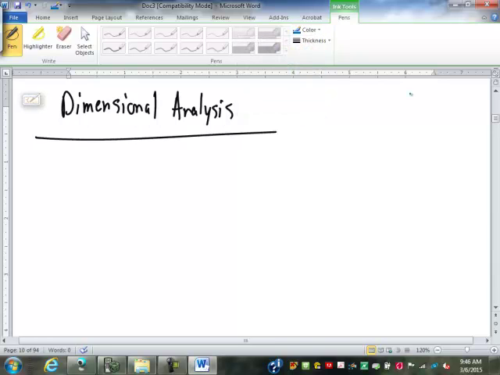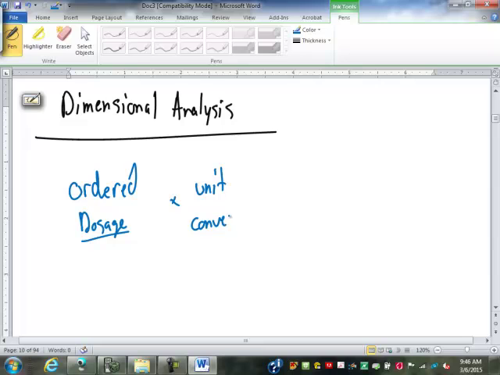What dimensional analysis does is we take the ordered dose and we take it through some unit conversions to get to what's going to be administered to the patient.